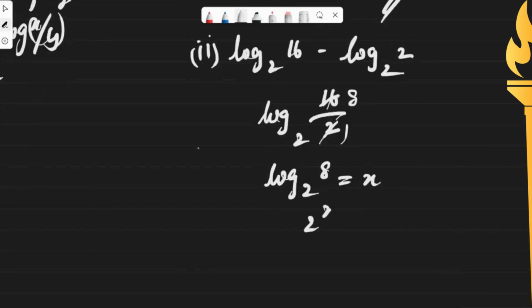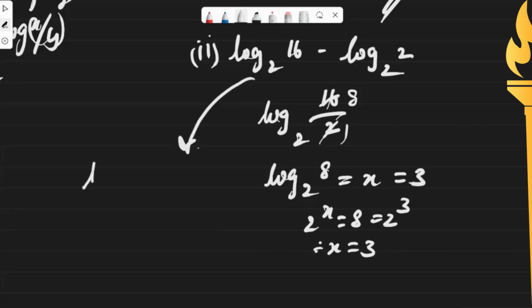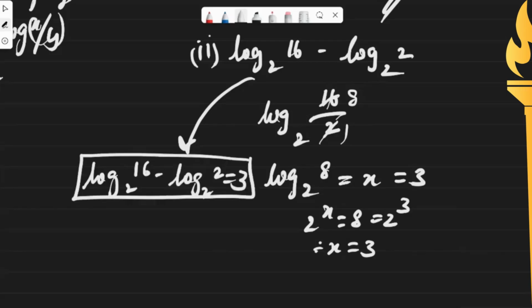It will be 2 power x equal to 2 power 3. I mean to say 2 power x equal to 8, which is equal to 2 power 3. Therefore x equal to 3. So log 8 base 2 is 3, which means log 16 base 2 minus log 2 base 2 is 3.